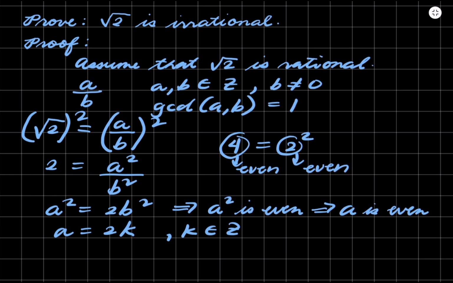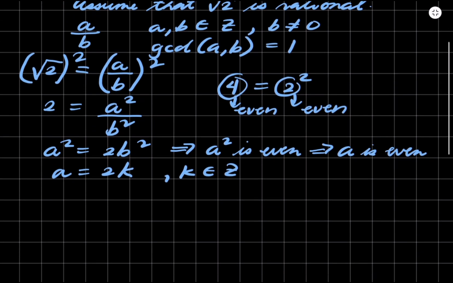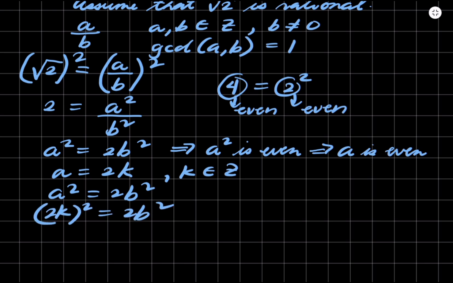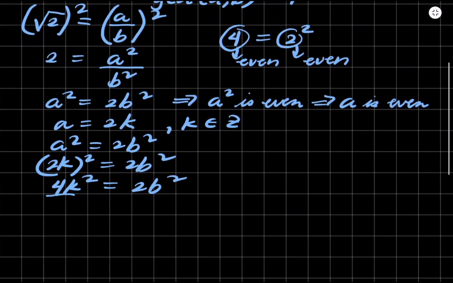Since a is equal to 2k, then a squared is equal to 2b squared becomes 2k quantity squared equals 2b squared. So squaring 2k, we have 4k squared equals 2b squared. And then dividing both sides by 2, we get b squared is equal to 2k squared.